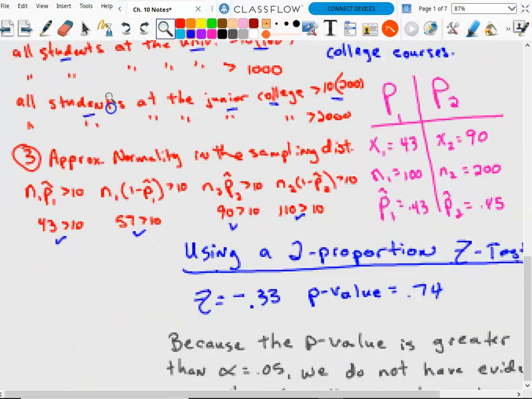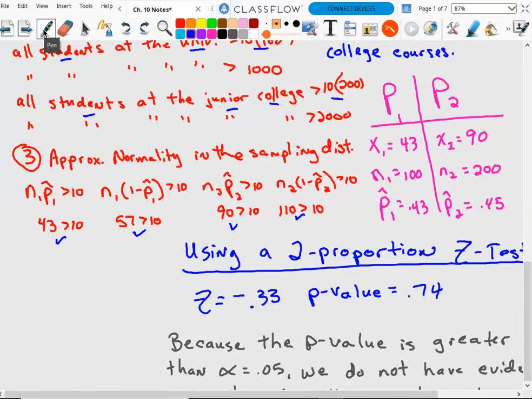And then I have to check approximate normality in the sampling distribution. That's my third assumption. And that is N1 P1, N1 times 1 minus P1, and we can call that Q1 if you want, and N2 times P hat 2, and N2 times 1 minus P hat 2. All of those, you got to check them and have them be bigger than 10.